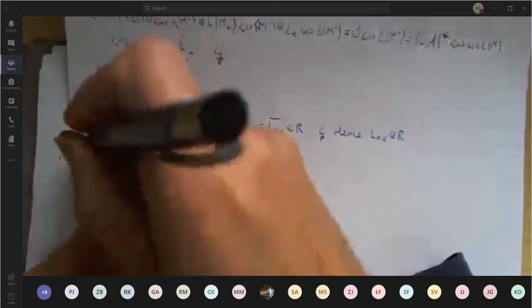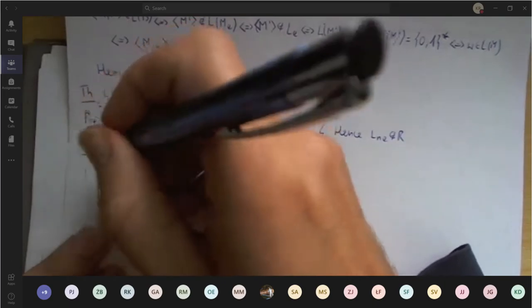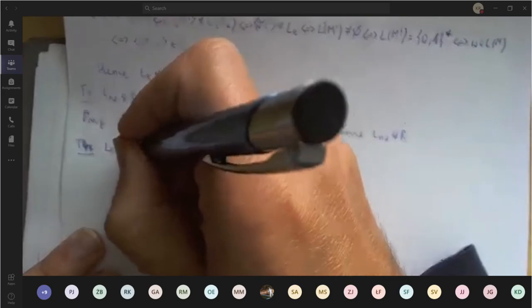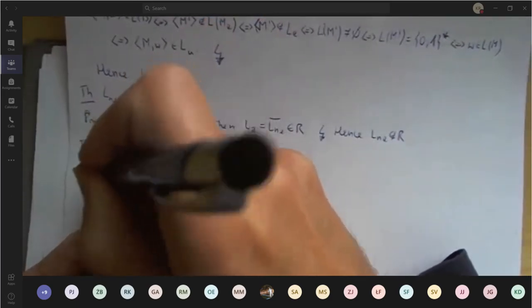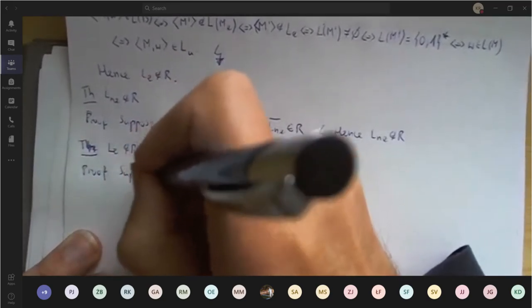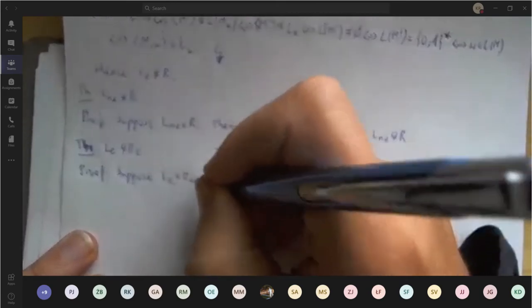Okay, and the last theorem about this pair of languages is that LE is not recursively enumerable. Again, this is a very easy proof because we know all the facts needed to prove this theorem. Suppose that this language is recursively enumerable.